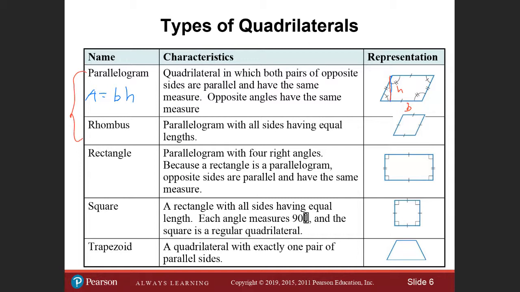Well, the rectangle, if you remember, area here is calculated as length times width.